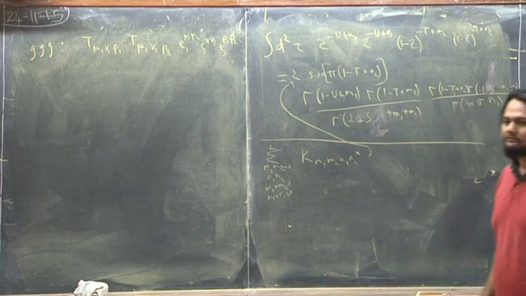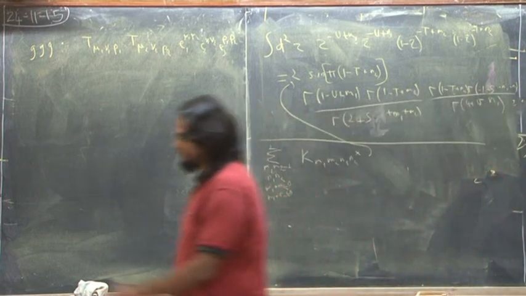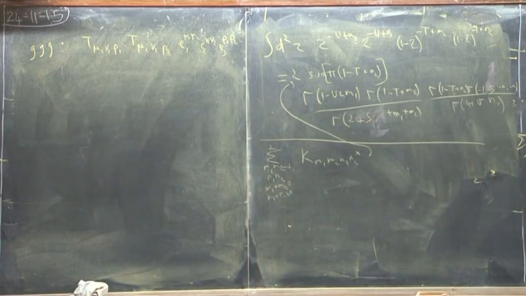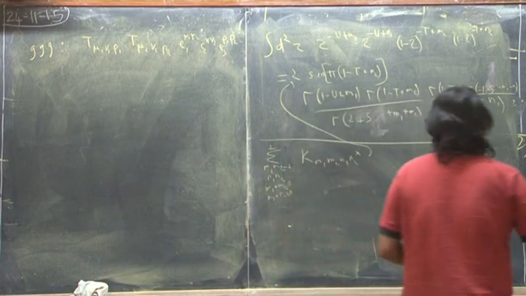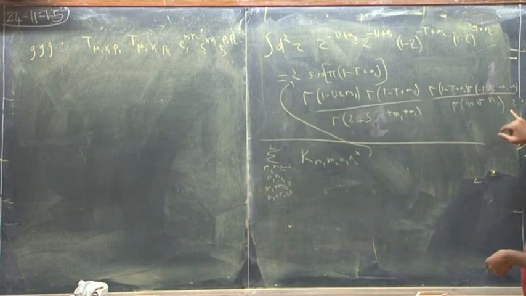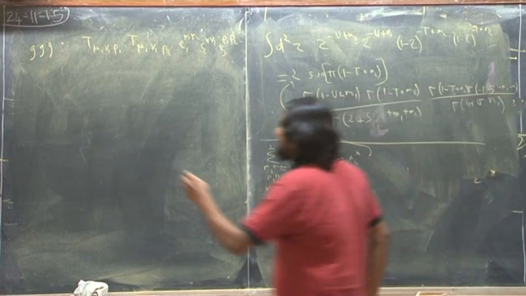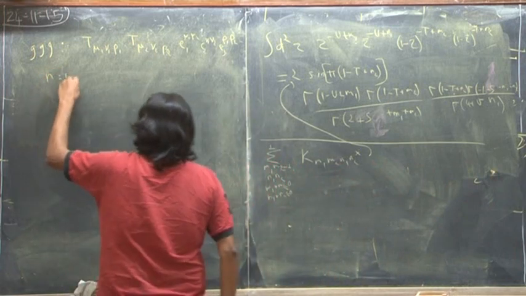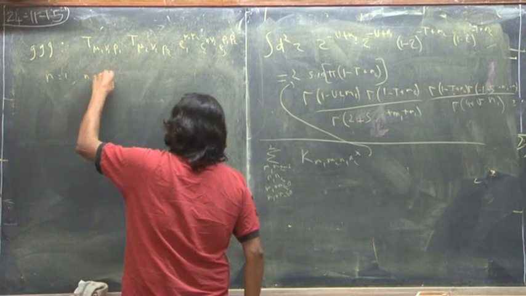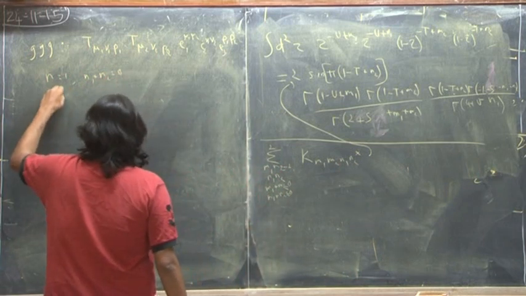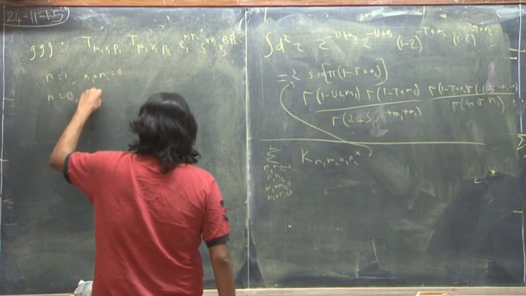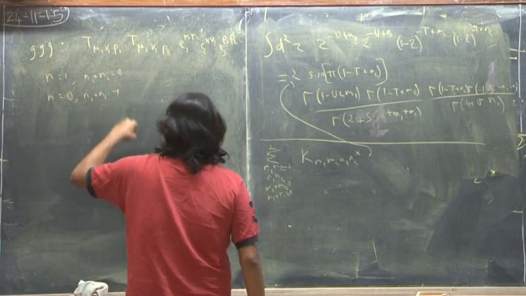How many terms have the graviton pole? Let's see. One of them is N equals 1, N1 plus N2 equals 0. And one of them is N equals 0, N1 plus N2 equals -1.